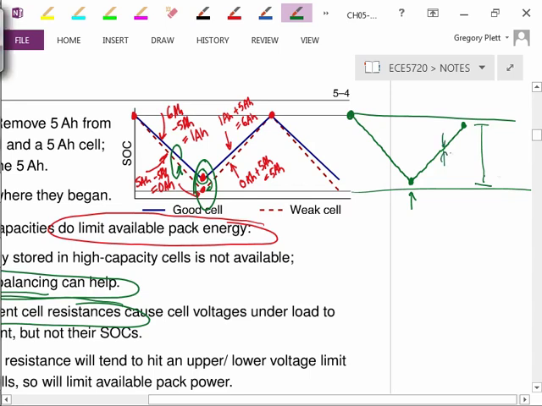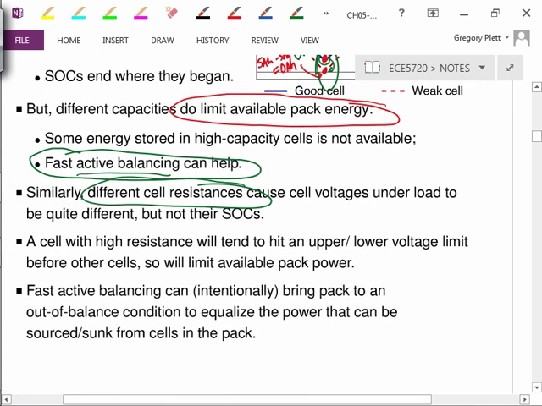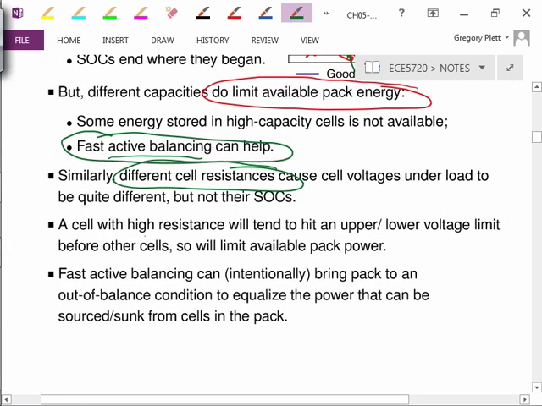These states of charge of the cells are identical to each other if resistance is the only thing that's different. So a cell with high resistance hits this lower voltage limit before the others, and it limits the power. So here we limited energy by having different capacities. Here we limit power by having different resistances.